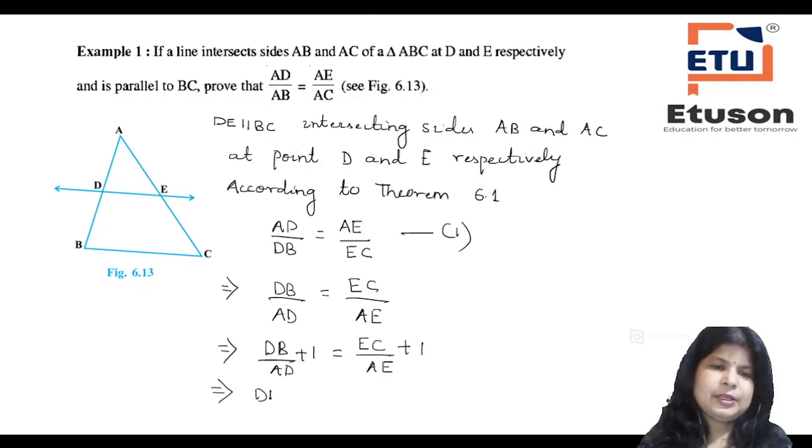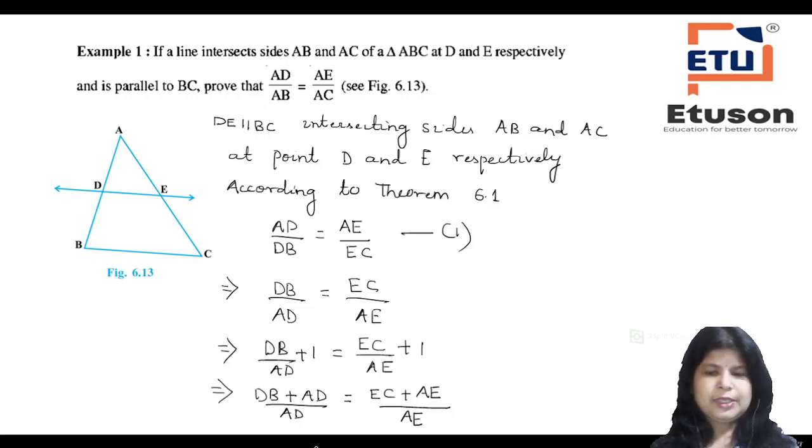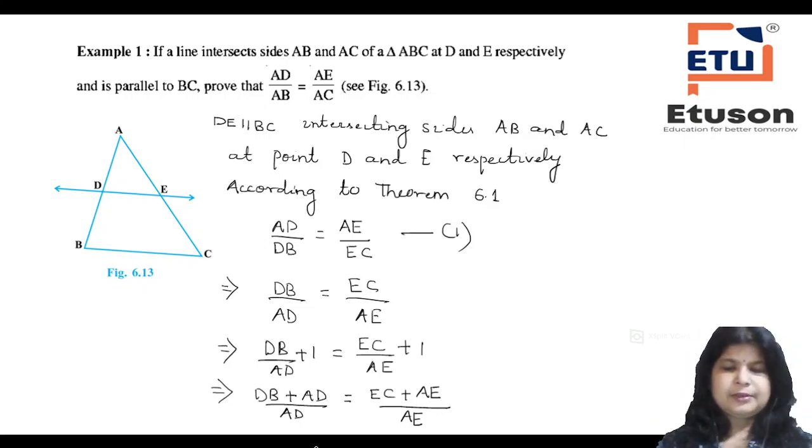So you'll get DB plus AD by AD is equal to EC plus AE divided by AE. Correct?